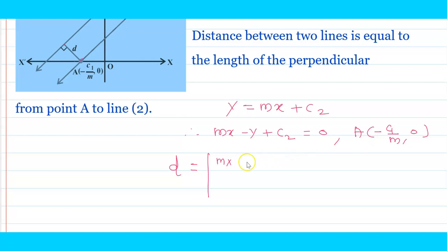Replace this x by m times (-c1/m), next minus y, and overall the y coordinate is 0, plus c2, over the square root of the coefficient of x squared, that is m squared, plus the coefficient of y squared, that is (-1) squared, which is 1.